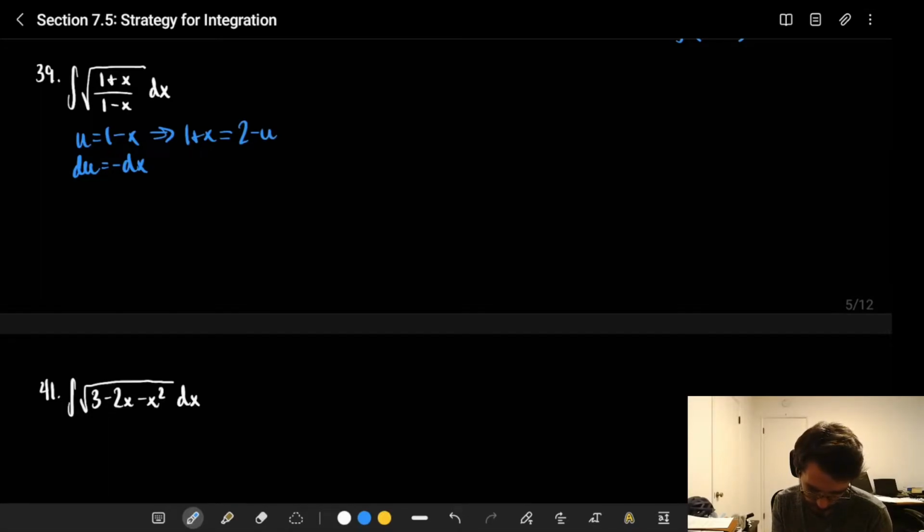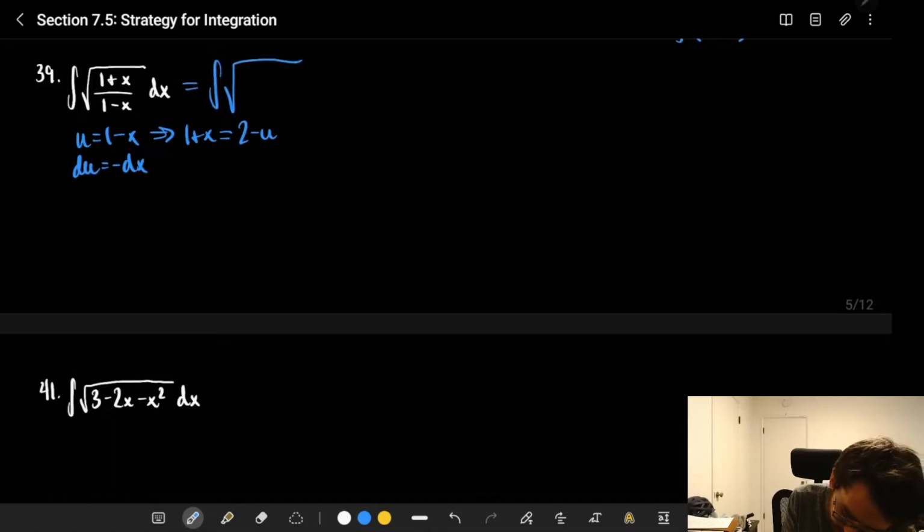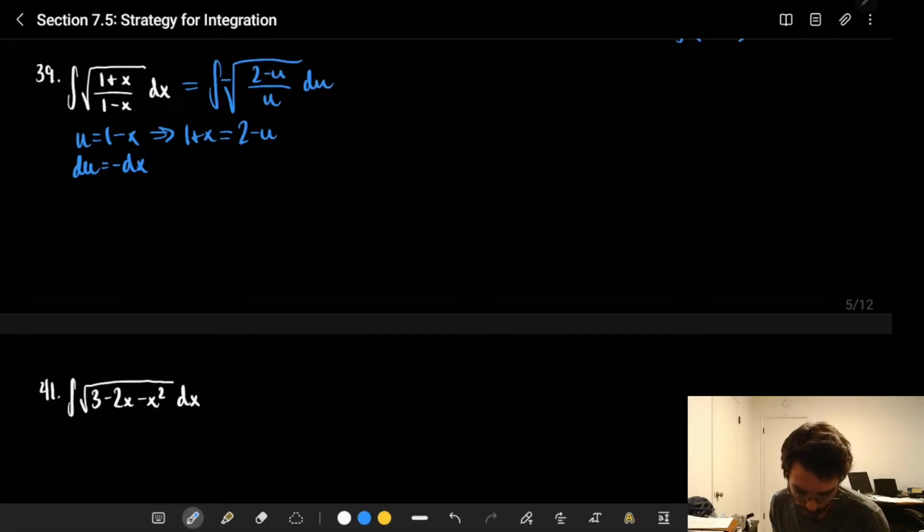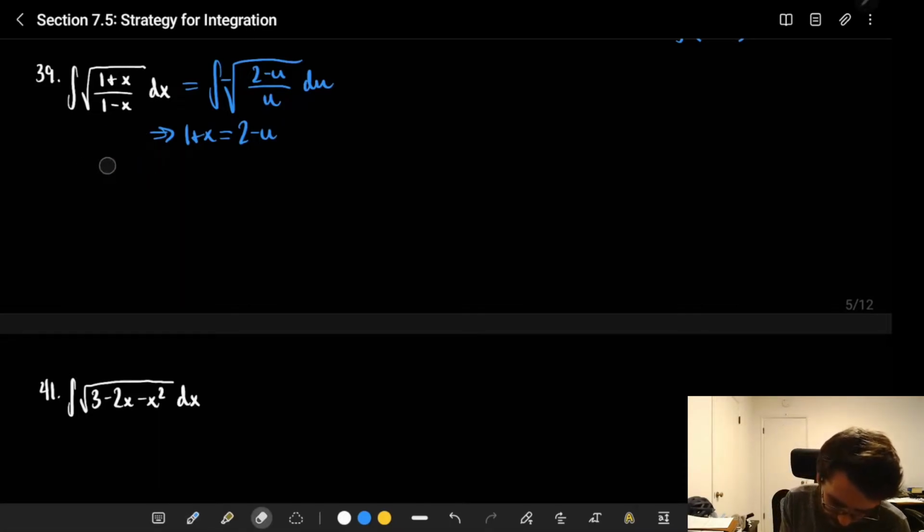But that doesn't get me anywhere, or does it? That would transform this integral into this: 2 minus u on top, u on bottom. Include a negative sign for the du. But that's pretty ugly, right? Yeah. So that's ugly.